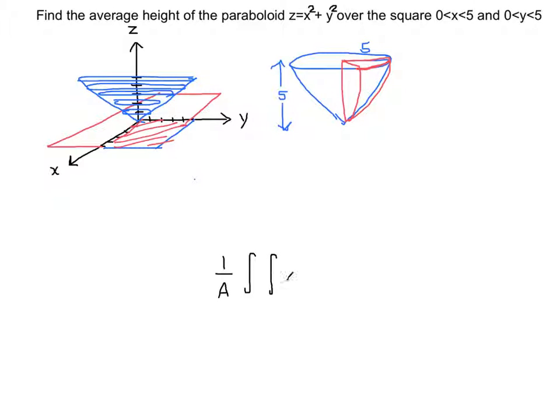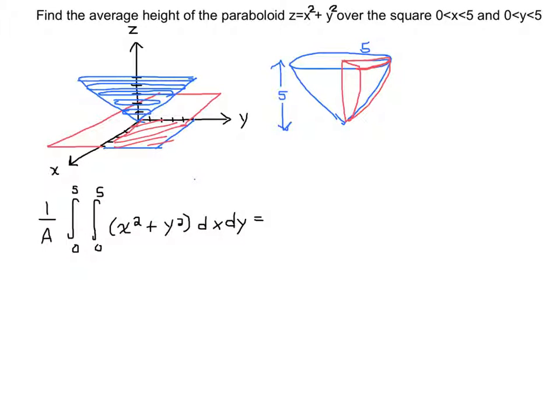So our integrand is the function, which is the paraboloid. And we integrate with respect to x and then with respect to y. And x is going to go from 0 to 5, and y is going to go from 0 to 5. So we have to work this out.